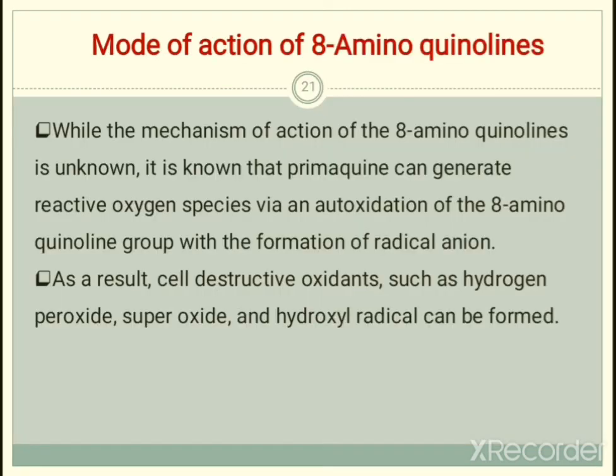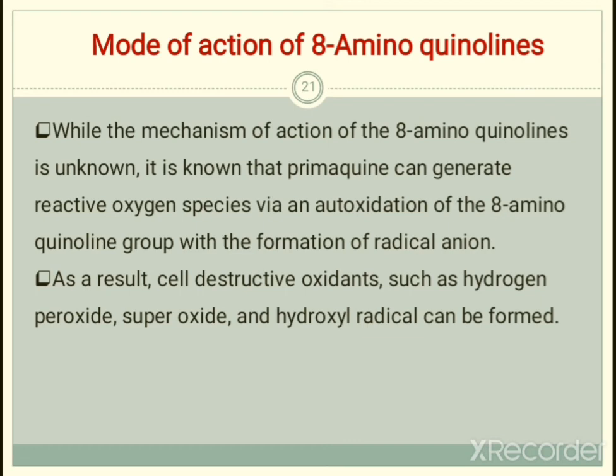Okay, so now the mode of action of these 8-aminoquinolines. The mechanism of action of 8-aminoquinolines is basically unknown, but it is known that primaquine can generate reactive oxygen species via auto-oxidation of the 8-aminoquinoline group with the formation of a radical anion.